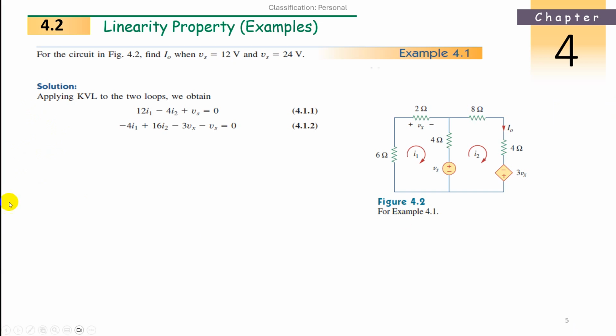This is one. Entering plus Vs equal to 0. Now rearrange this one: I1, 6 plus 2 plus 4, that is 12 I1, minus 4 I2, plus Vs. So this is a basic principle, basic method.